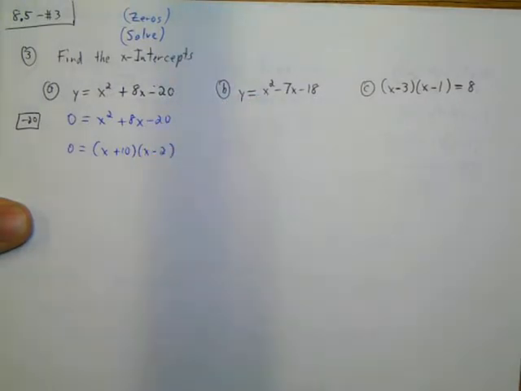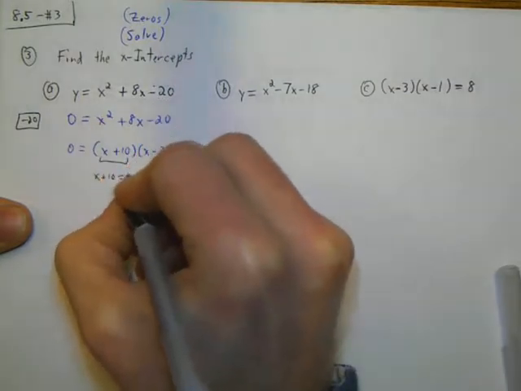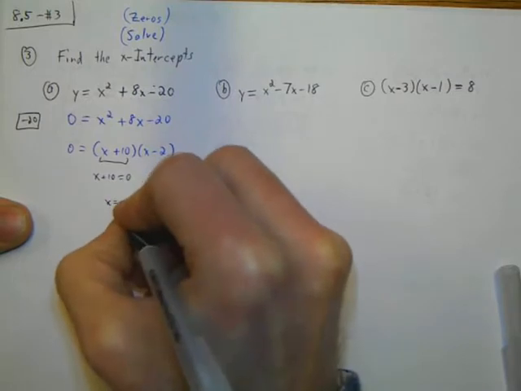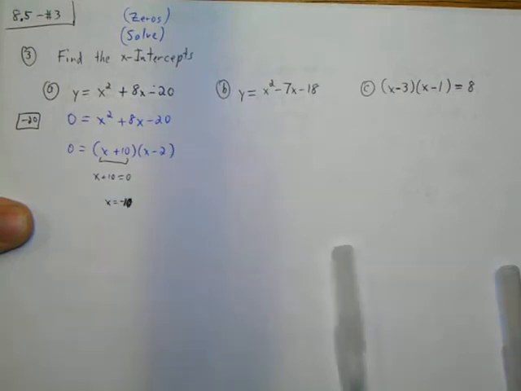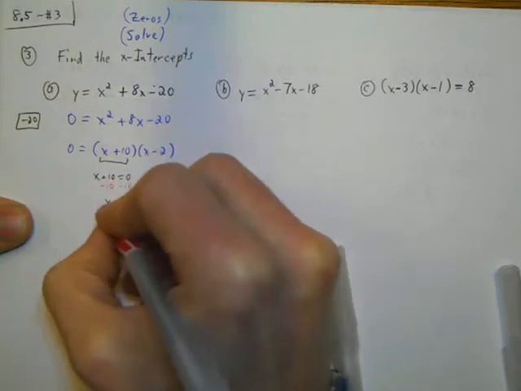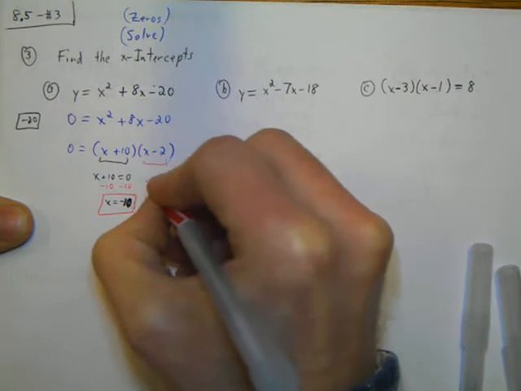Then I need to say, well, if this one is equal to 0, then let's set that equal to 0. It looks like x is going to be negative 10. If I do that correctly, let me put my minus 10 in here so that we can see that we're solving. And then this one here, we're just going to say x is positive 2.